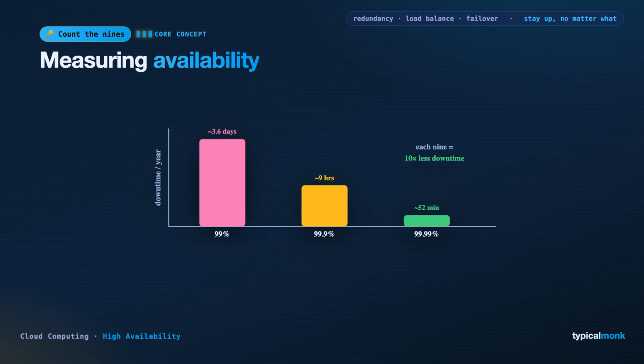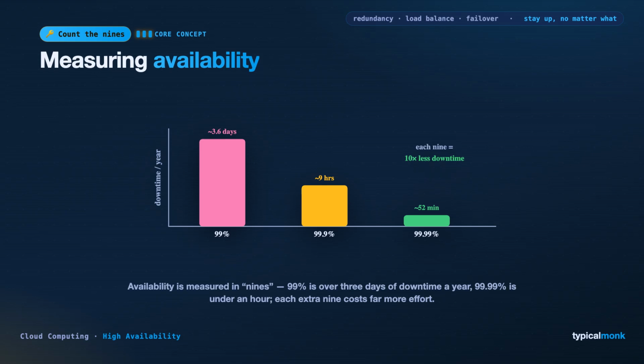You choose your target based on how much downtime you can tolerate versus how much you are willing to invest, because every additional 9 costs far more than the last. Match the 9s to what the system truly needs, no more, no less.